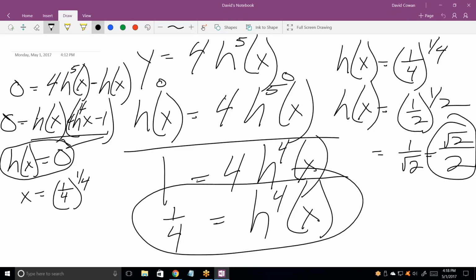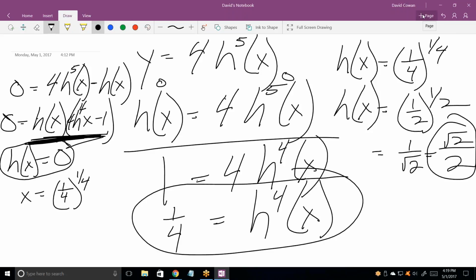You won't see it anymore. And that's exactly what happened the way I did it, by dividing both sides by h of x. So you really want to subtract h of x from both sides, so that way you pick up the 0, and then factor it out. Now, after I subtract it from both sides and factor it out, I get that. Okay, I understand that. That makes much more sense now.